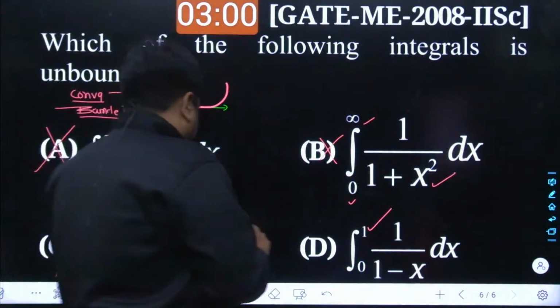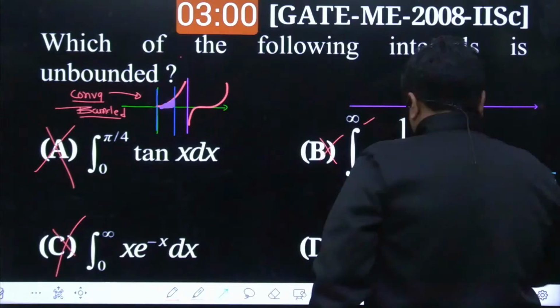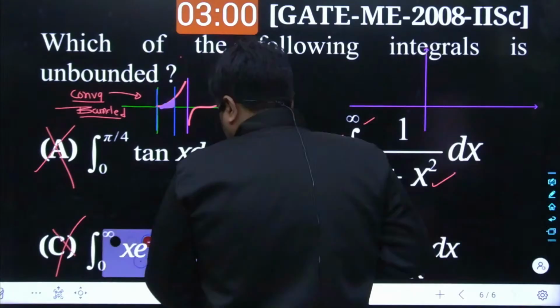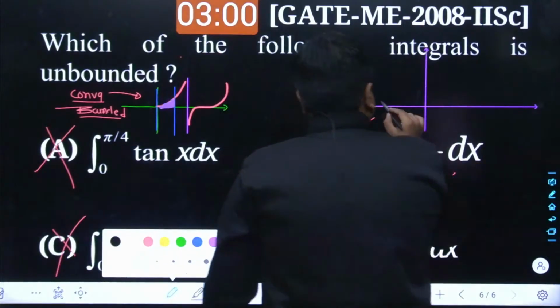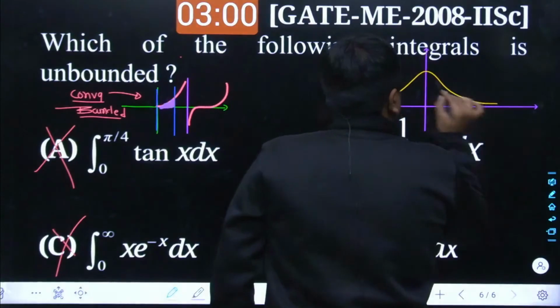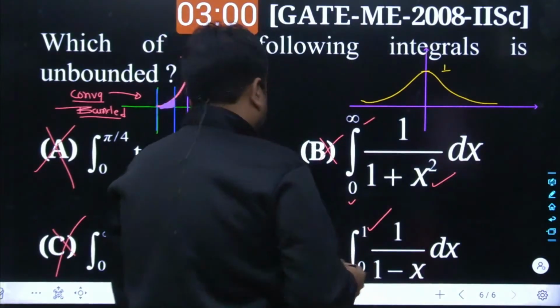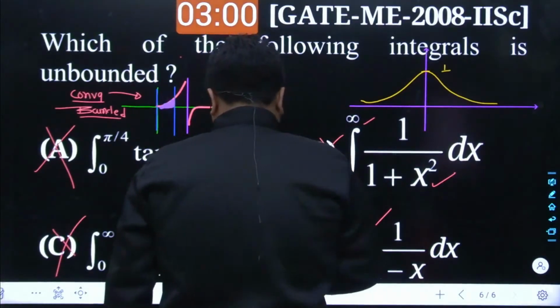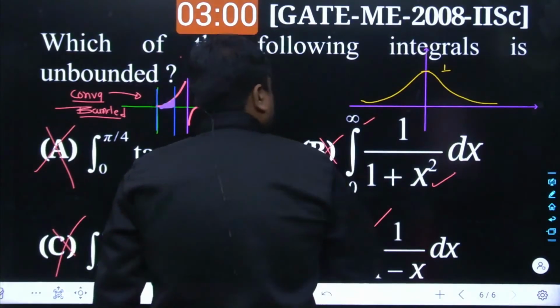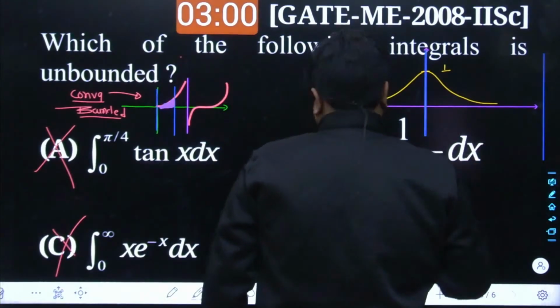1 divided by 1 plus x square. How would this curve look? As we are dealing with x square, even if we keep the value of x negative, the value will always be positive. At x equals 0, the magnitude is going to be 1. Again, the integration is to be made from 0 to infinity. Here comes x equals 0, and somewhere here comes x equals infinity.